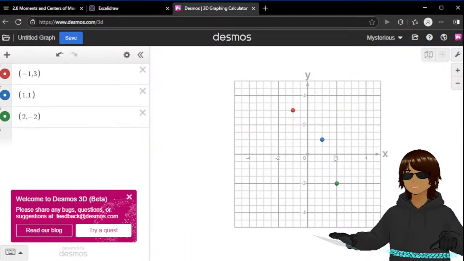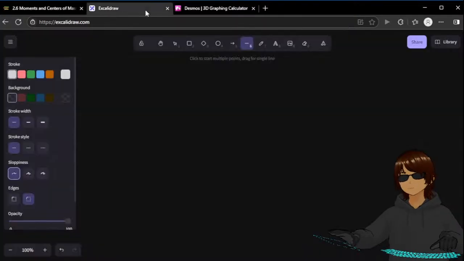We need to find the balancing point with x.